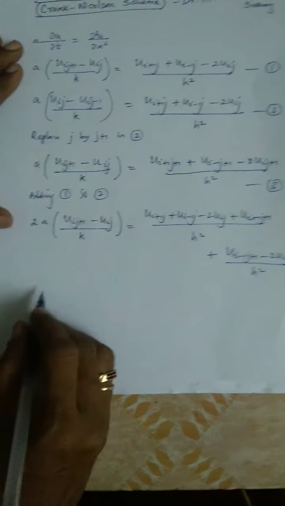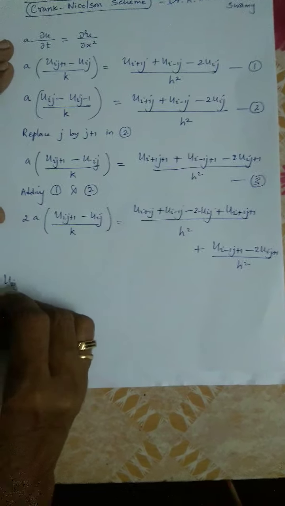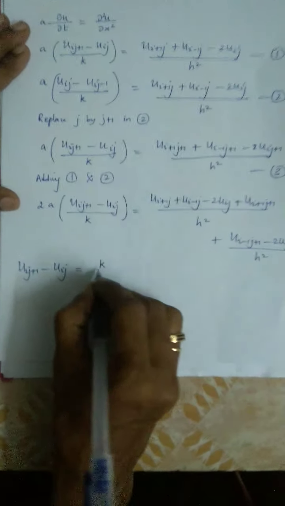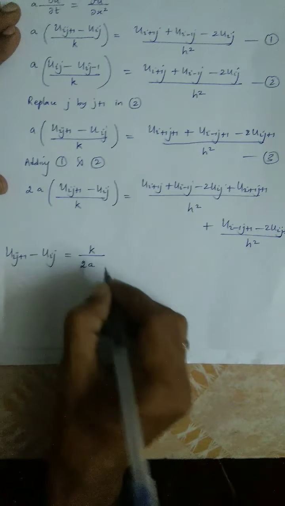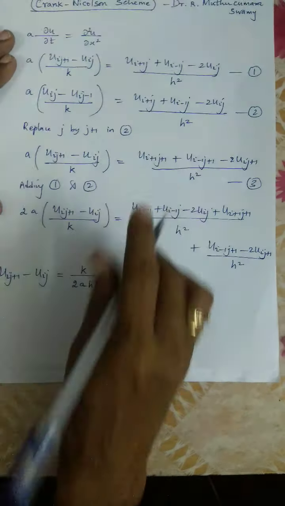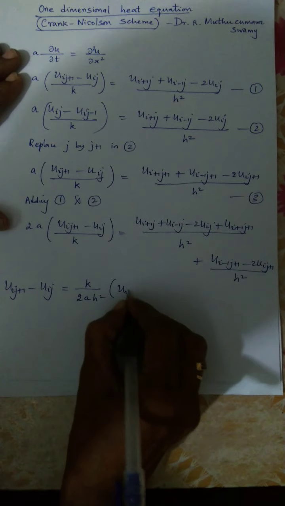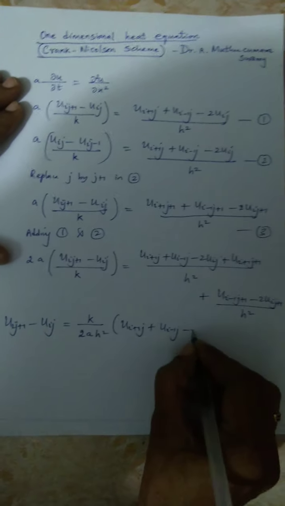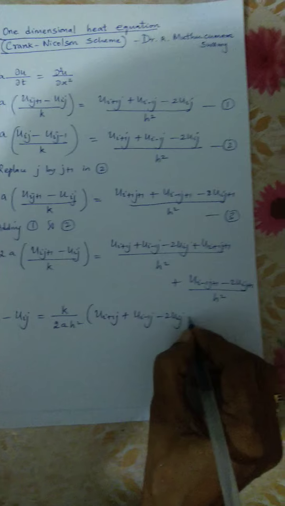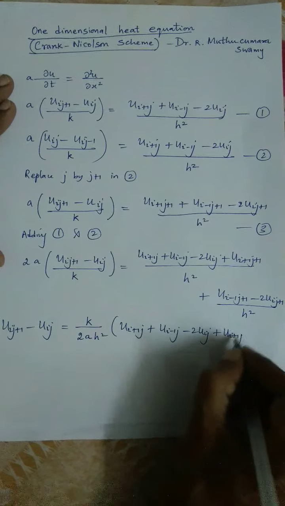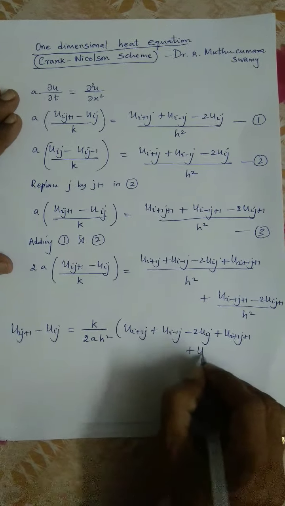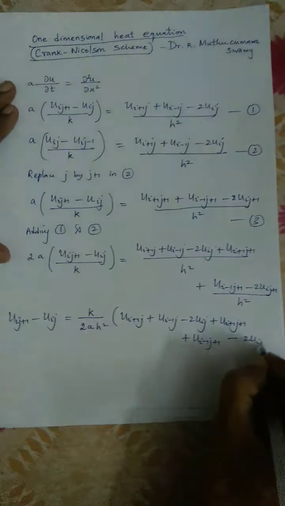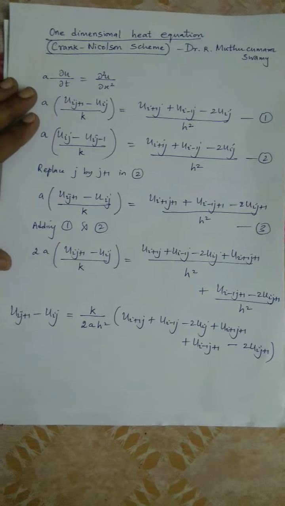Now I'm going to cross multiply, so I can rewrite U_i,j+1 − U_ij equal to k divided by 2ah², followed by U_i+1,j + U_i−1,j − 2U_ij + U_i+1,j+1 + U_i−1,j+1 − 2U_i,j+1.